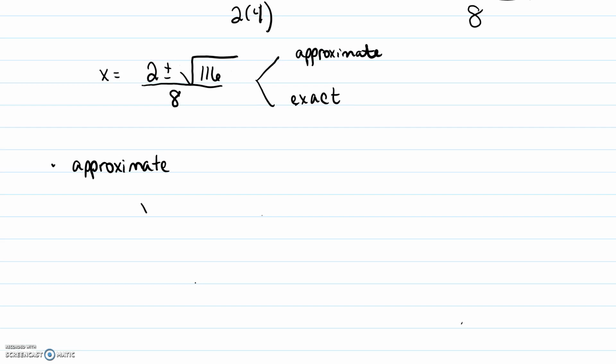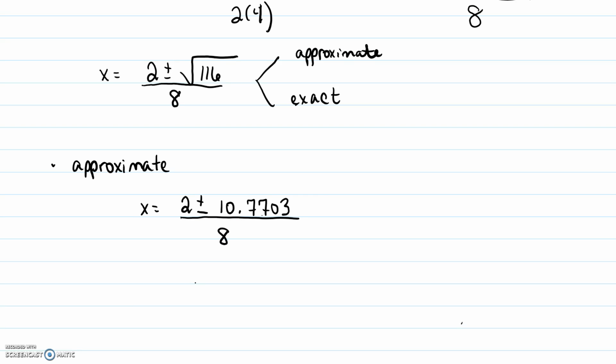So let's go ahead and start. I would start with your radical. Just take the square root of 116. It's going to be a decimal, and whenever you're rounding within your problem, I suggest taking your decimal out to at least 4 spots, all divided by 8.